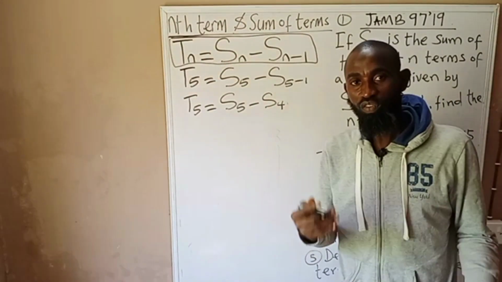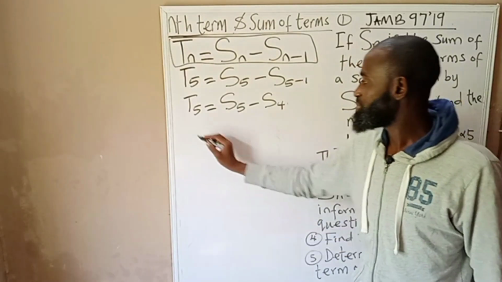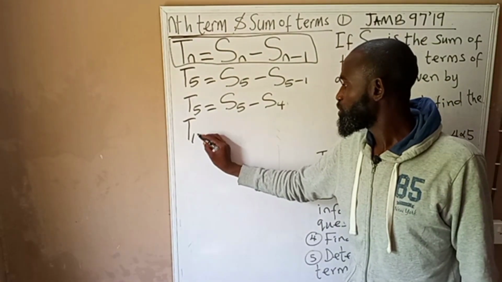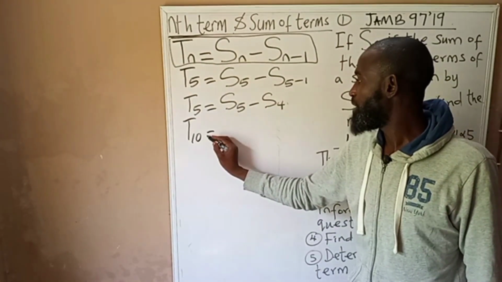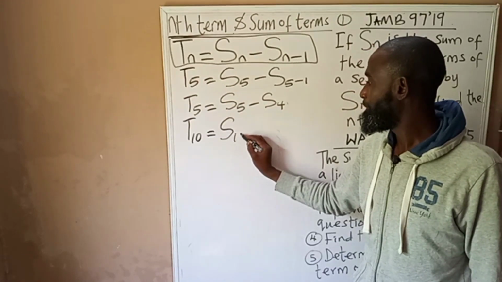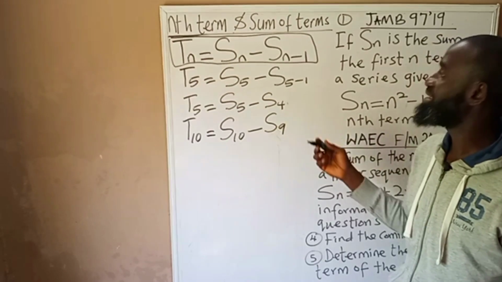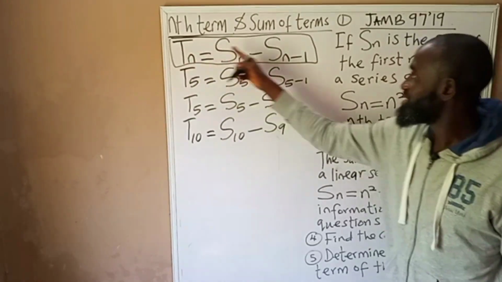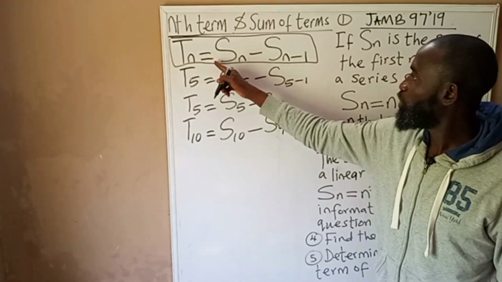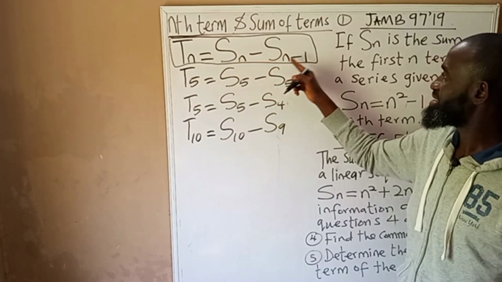What if I have to calculate the 10th term? It means T10, and using this relationship, we have S10 minus S9. It is very key that we memorize this formula: Tn equals Sn minus Sn minus 1.